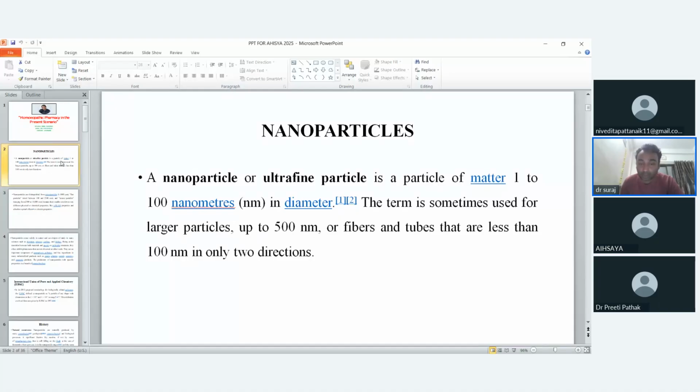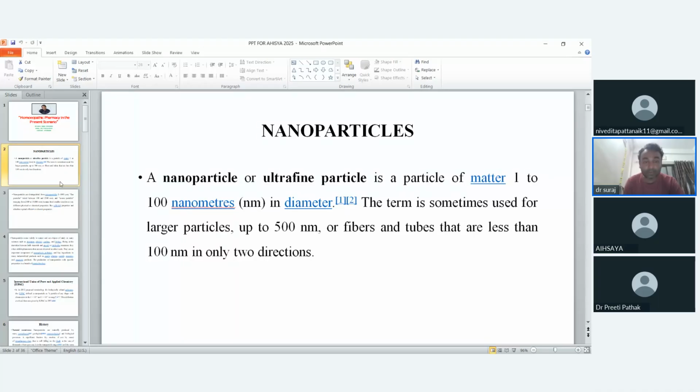In nanometer it lies between 1 to 100, whereas in micron it lies between 0 to 1 micron. It is a very ultrafine, very minute structure which has a fibrous or cubic shape, with different dimensions, different structures and patterns of arrangement. So this is the size of a nanoparticle.